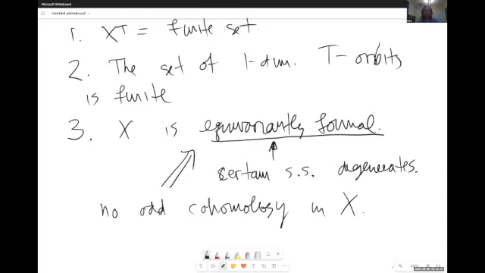So this would be implied by the statement that X has no odd cohomology groups. And when I say cohomology groups, I mean usual cohomology, not equivariant cohomology. So it is possible for a space to have only even dimensional equivariant cohomology groups and not be equivariantly formal. These spaces actually come up. So the statement here is no odd usual non-equivariant cohomology.